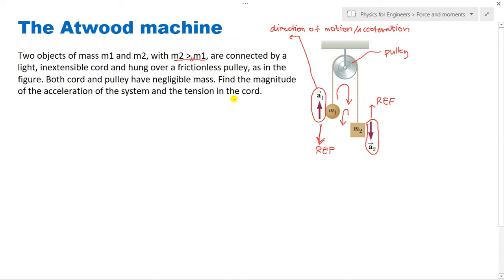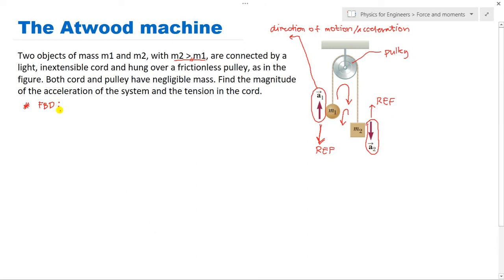Okay, buhato na ni class. Again, if we're going to analyze forces of a system, you need to have a free body diagram. You are going to do it per object or per body na makita sa atong system. So, let's do FBD.